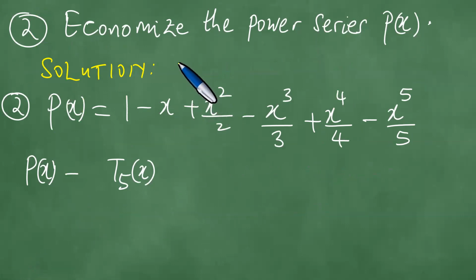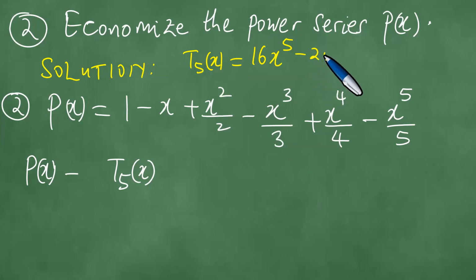which means it is T5, which is 16x to the 5th power plus 5x.